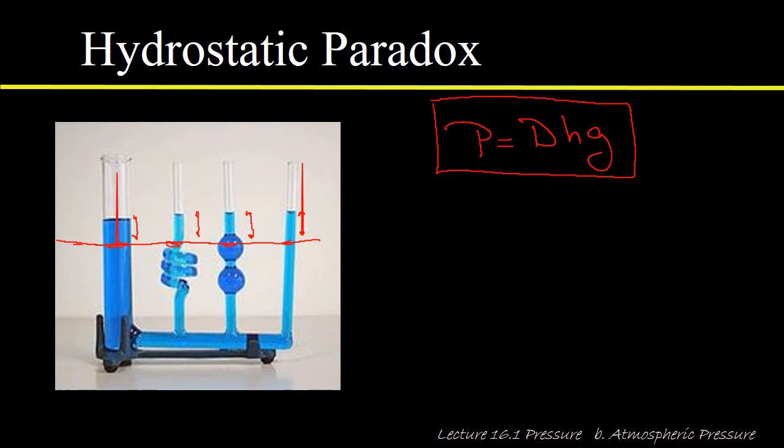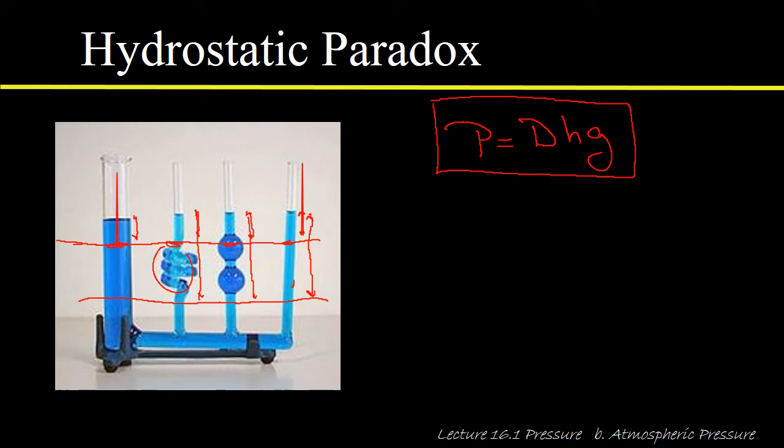Even though this is a big fat tube and this one over here is a skinny tube. And you can even draw a line down here, and even though this one on the far right only has a straight column of water above it, and this one has this little curlicue thing, and this one has these two little bulbs.